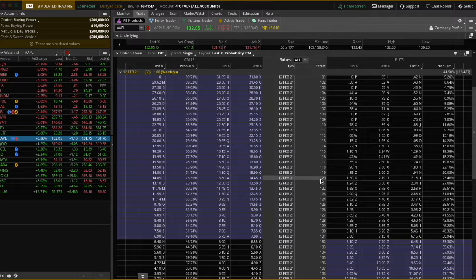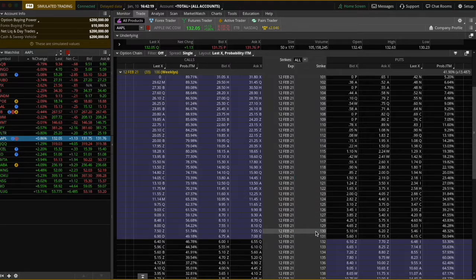So, to understand this trade better, although you are only receiving $150 as the premium, you have more chances of winning in this trade because there's only approximately a 24% chance that Apple stock price will be 120 or below.